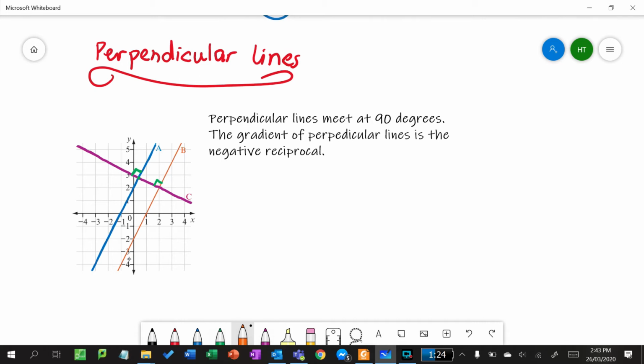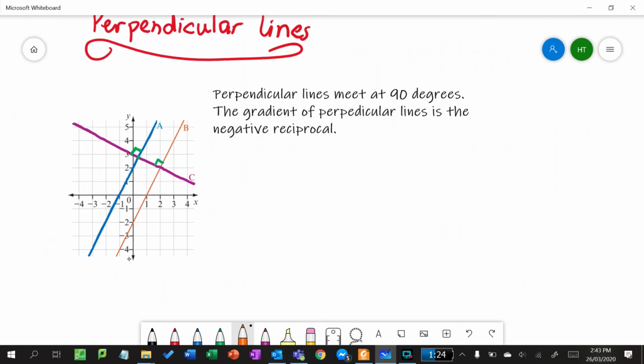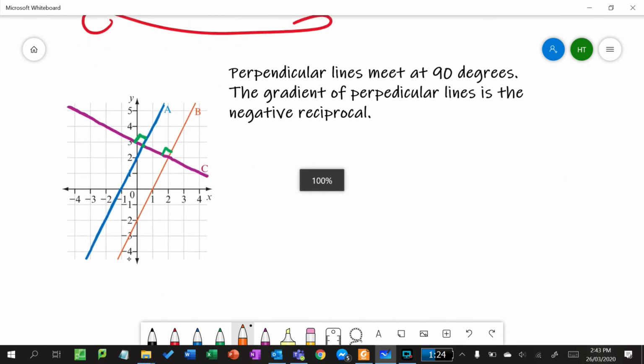So let's say I have a line and the gradient of the line is 4. Now I know 4 can also be written as 4 over 1. They mean the same thing, don't they? Now first of all, we're going to find the reciprocal.